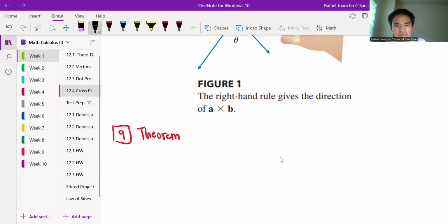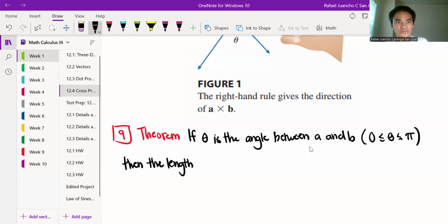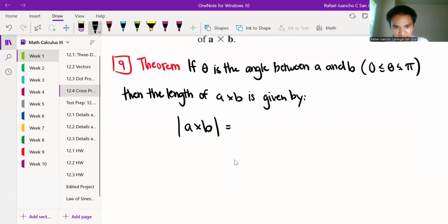Okay, another theorem says that if theta is the angle between A and B, and we're assuming this angle is between 0 and pi, the length of the cross product A times B is given by, oh, we talked about this.